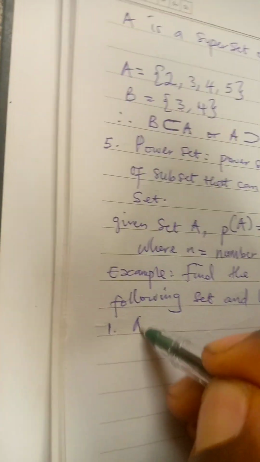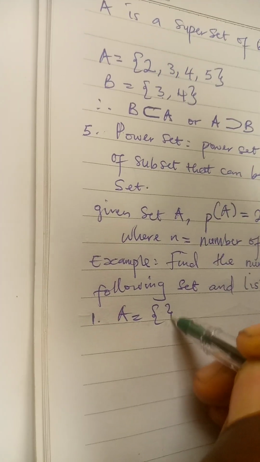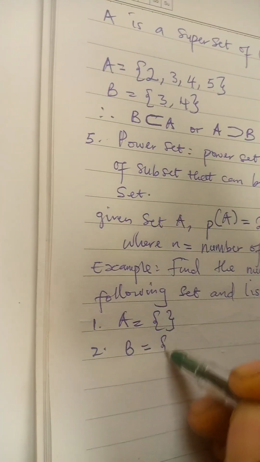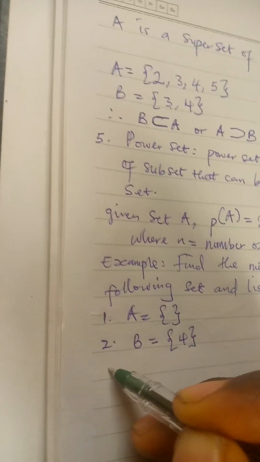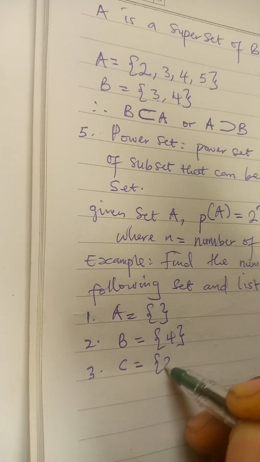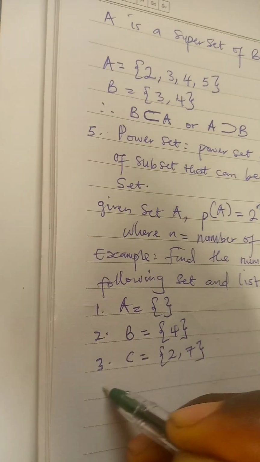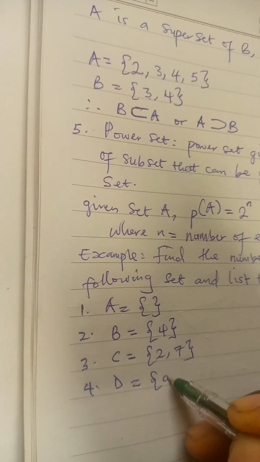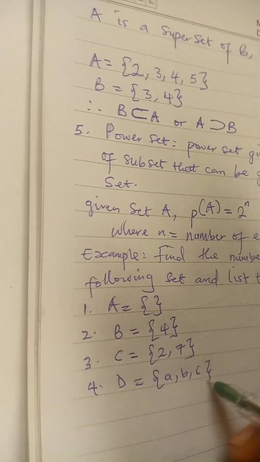Okay, so number 1, I have A equal an empty set. Number 2, B equal {4}. 3, C equal {2, 7}. 4, D equal {a, b, c}.